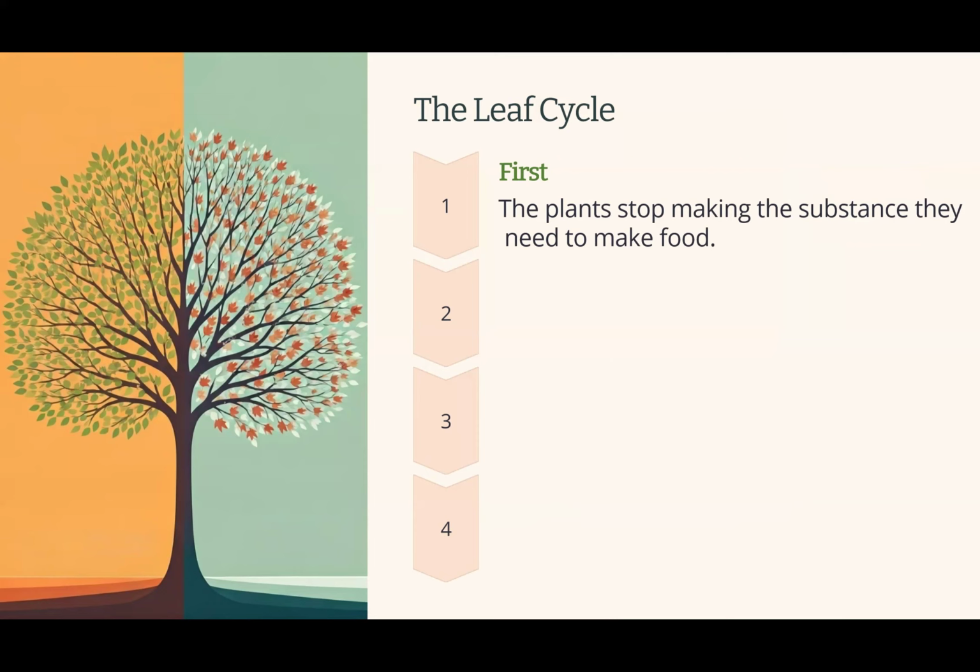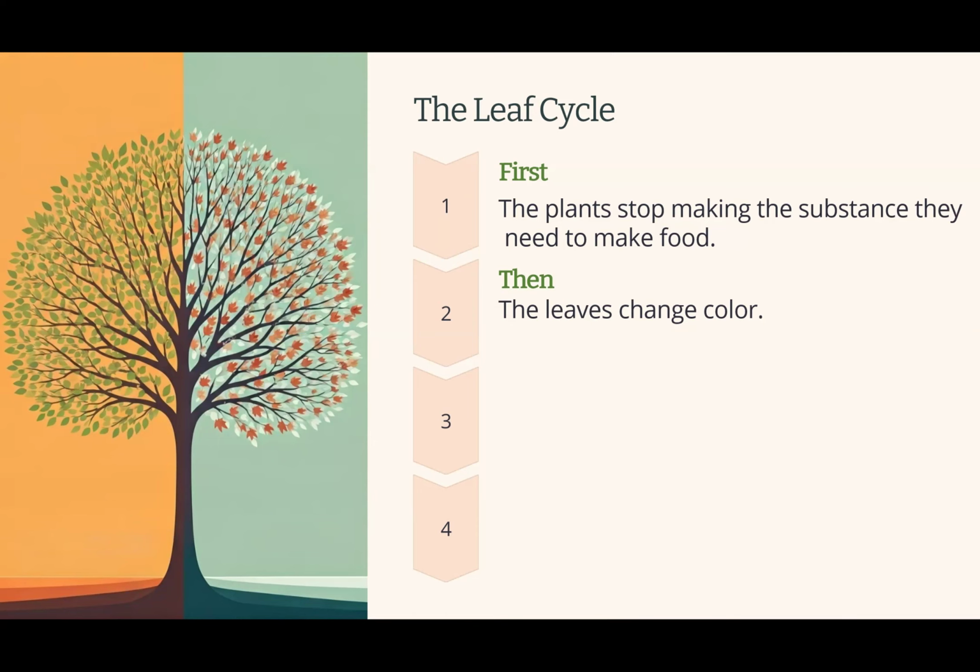They have a green substance in the leaves. This green substance will help them to make food. So, when the plants stop making this substance, there will be no green leaves. So, then the leaves change color.